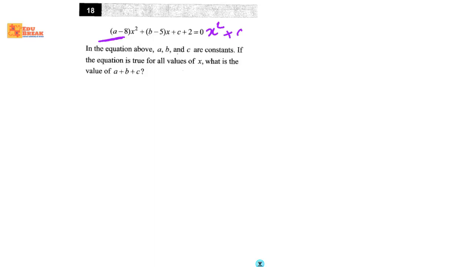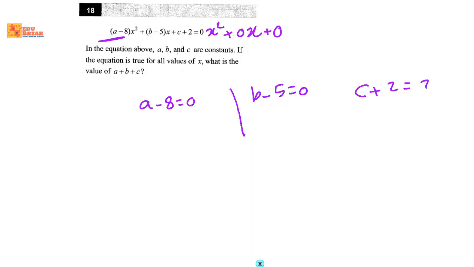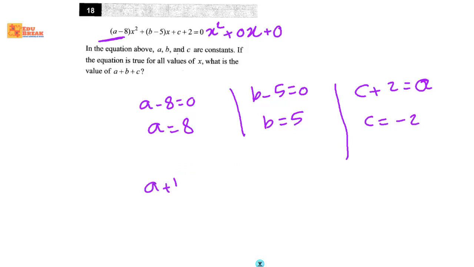We have 0x squared and 0x plus 0, so a minus 8 equals 0, b minus 5 equals 0, and c plus 2 equals 0. So a equals 8, b equals 5, and c equals negative 2. Add them: a plus b plus c equals 8 plus 5 plus negative 2, which equals 11.